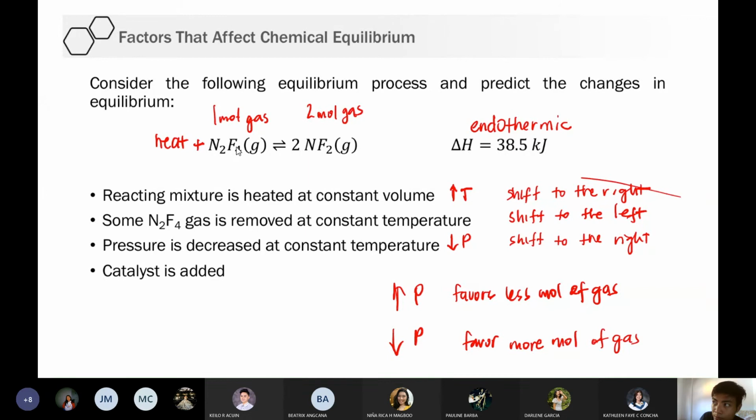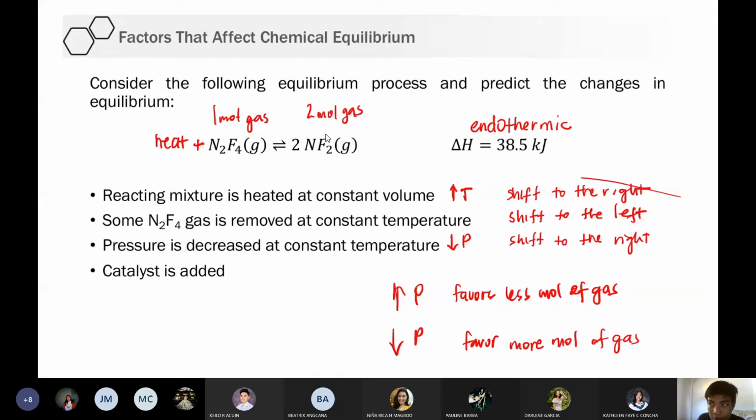Count the number of moles of gases in your equation. Since on the right side we have more moles of gases here, the equilibrium will shift towards the right. So what if you encountered a problem in which the moles of gases are equal? Suppose the moles of gas on the left side is 2, on the right side that's also 2.